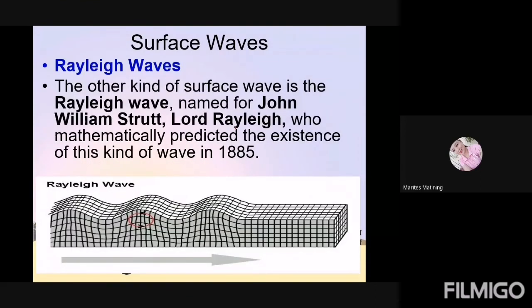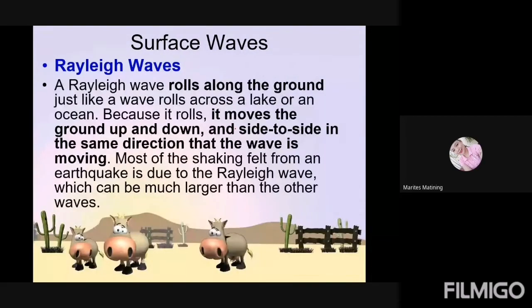So, kung titignan natin yung picture, ano yung movement ni Rayleigh waves? Para siyang nagro-roll. Ayan, so rolls around the ground just like a wave rolls across a lake or an ocean. Because tatlo na, nagbigay na sa akin ng tamang sagot.